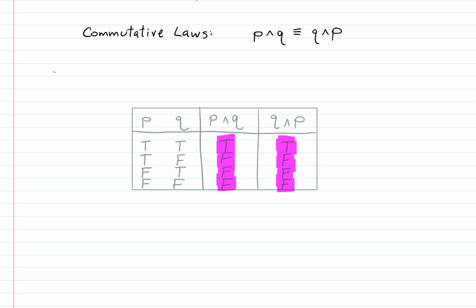Okay, now the commutative law for disjunctions I'm going to leave for you to prove, and it says the disjunction of P or Q is logically equivalent to Q or P. All right, and you can show that with the truth table.